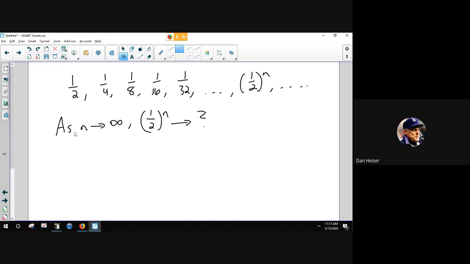The question is, as n approaches infinity, in other words, as the value of n gets bigger and bigger, what is 1/2 to the n approaching?